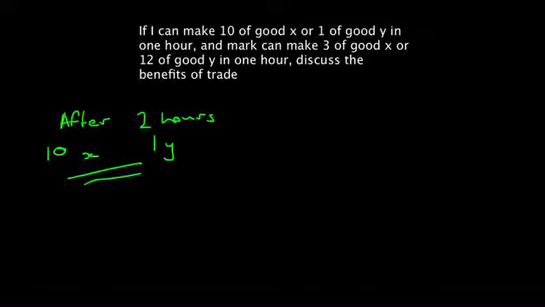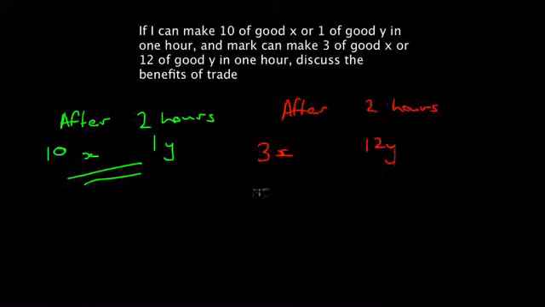Mark, on the other hand, after 2 hours, if he wanted some of both as well, he could make 3X and 12Y. Obviously, this could change a little bit depending on how much he wanted of each one and how much time he spent on each. This is just illustrating the example. So he's only got 3 of X and 12 of Y.